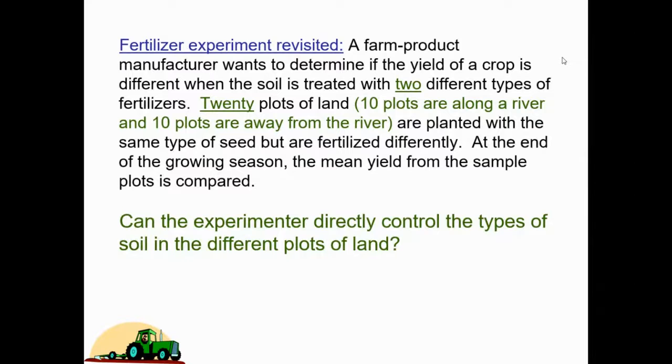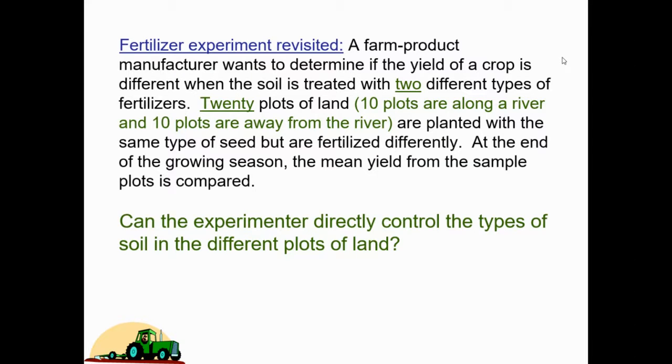We have 20 plots of land now. 10 of them are along a river, and 10 are away from the river. And they're planted with the same type of seed, but fertilized differently. At the end of the growing season, the average yield from the sample plots are compared.